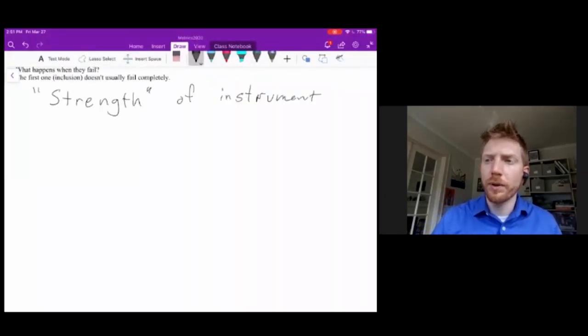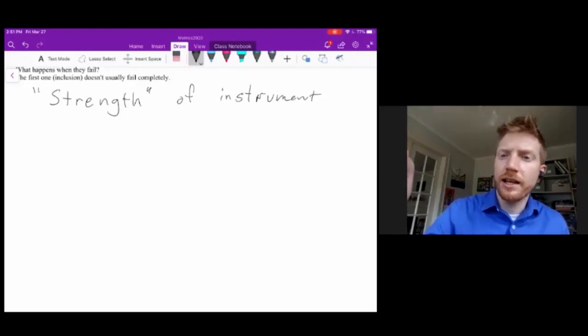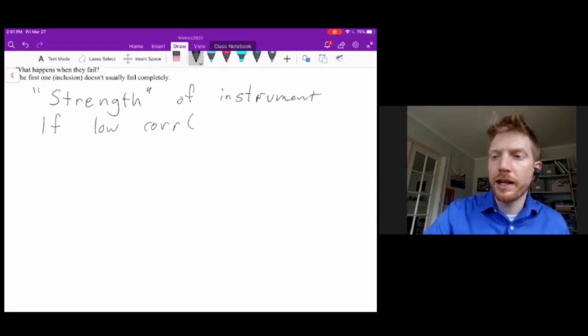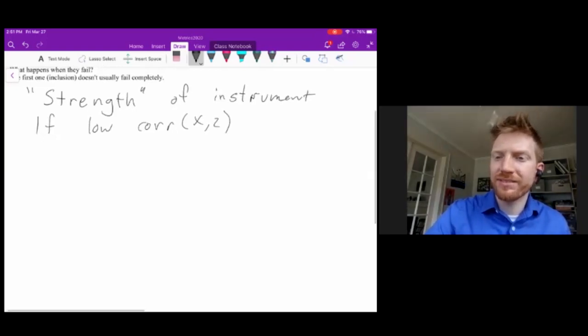So what we would talk about here is the strength of the instrument. And in particular, if we have a very low correlation between X and Z, we call it a weak instrument.